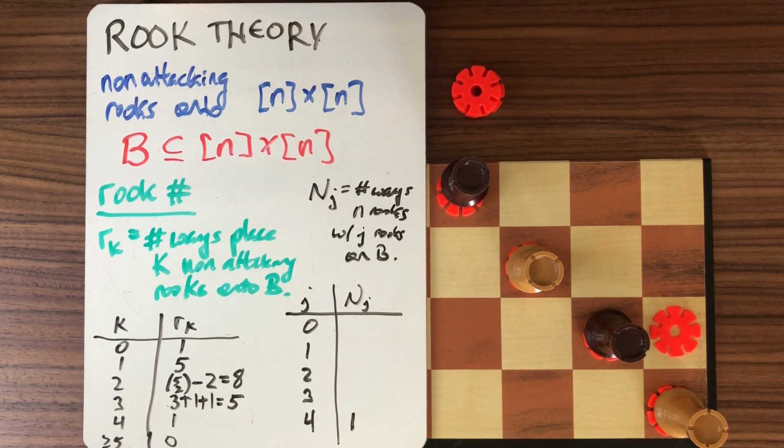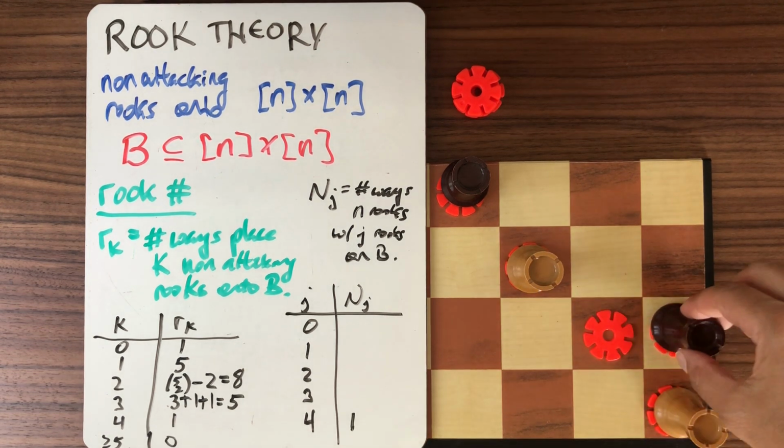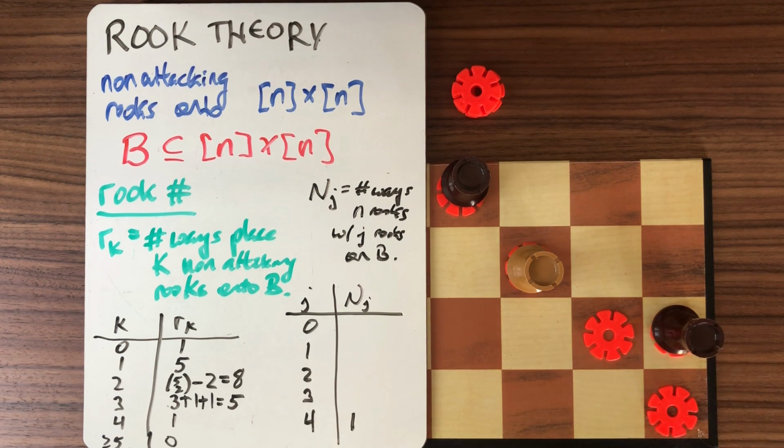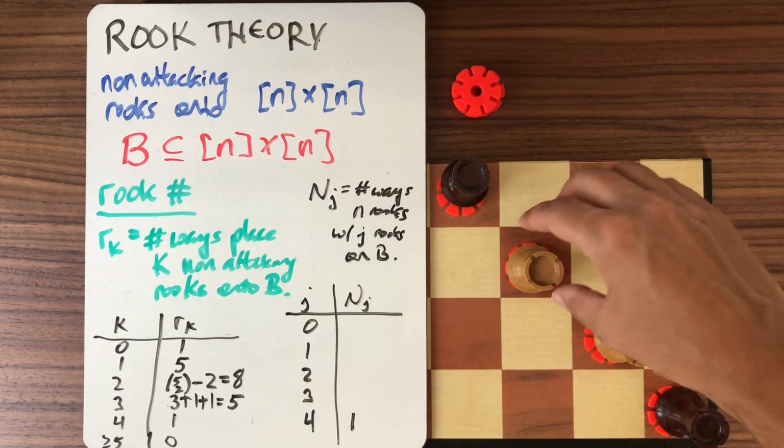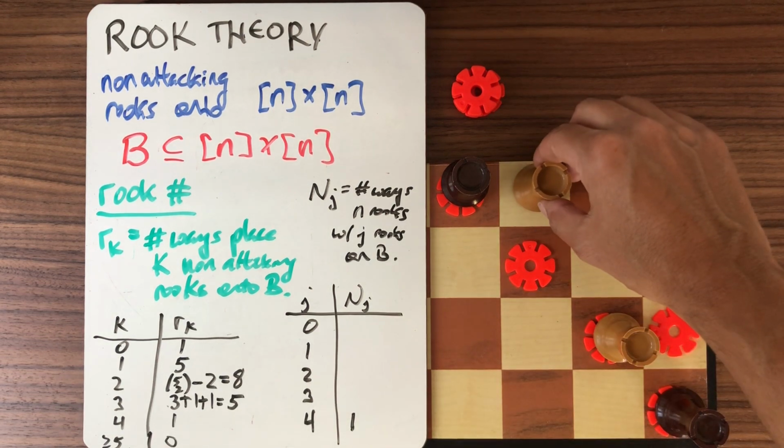Now, if I'm going to relax this a little bit and say, all right, I'm allowed to intersect in exactly 3 cells, then I can put a rook here, and then this rook could go here. That's the only place he could go if this guy's here. So that's a valid rook placement. And that's it, actually. So if you want to think about it a little bit more, I could put these guys here. And now I can't put this guy here.